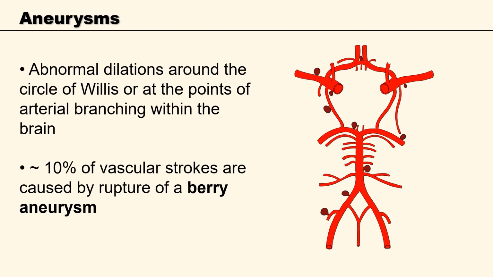Or we may experience headaches from the irritation of tissues around the aneurysms. Approximately 10% of vascular strokes are caused by rupture of one of these berry aneurysms, the consequences of which can vary from mild impairments to catastrophic brain death, depending on the severity of the bleed and the skill and timeliness of a surgical repair.